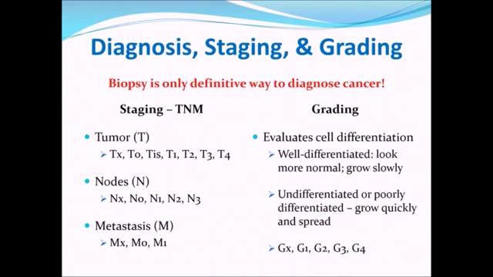As the cancer progresses, you're going to get some poor differentiation or even completely undifferentiated. These cells are so out of whack, they don't even look like their tissue of origin, and they tend to grow quickly and spread very quickly. So, the higher the number, the more aggressive the cancer is.